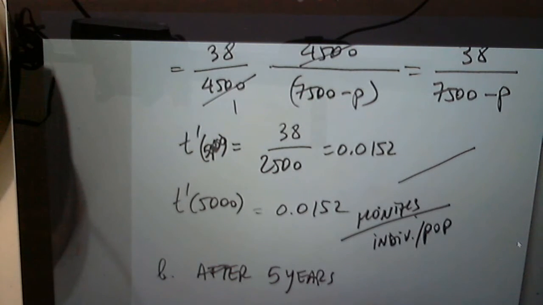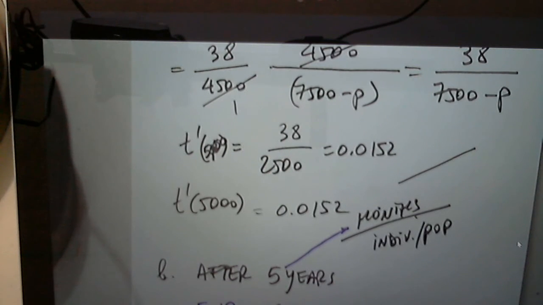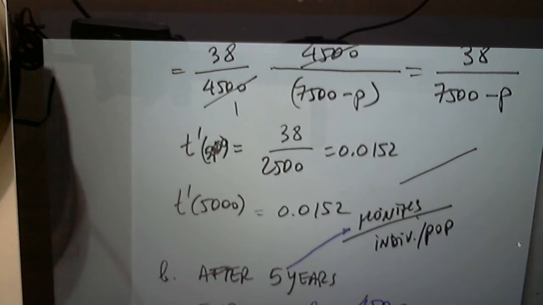No, wait, because it's time. We have to set it equal. 5 equals, careful. But remember, it has to be months, so 5 times 12, which is 60, equals 38 natural log 4,500 over 7,500 minus p.